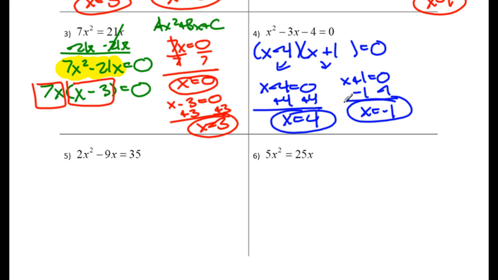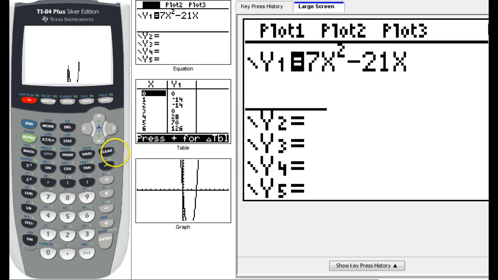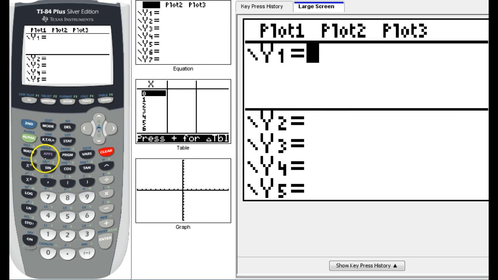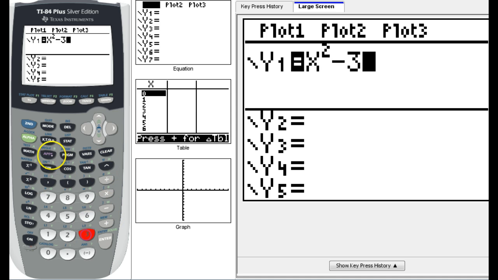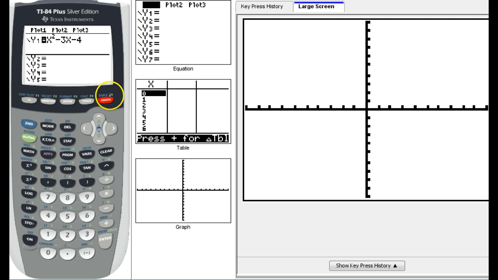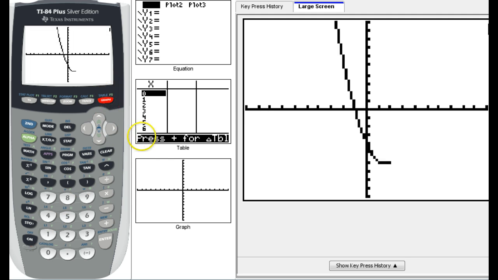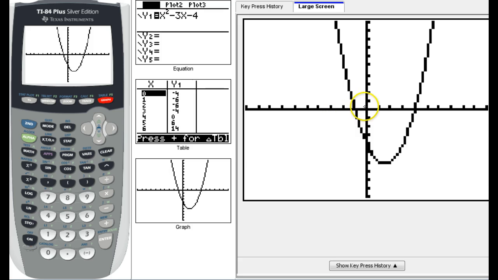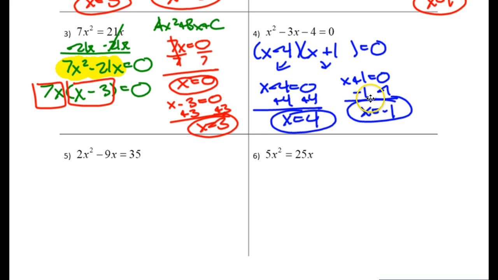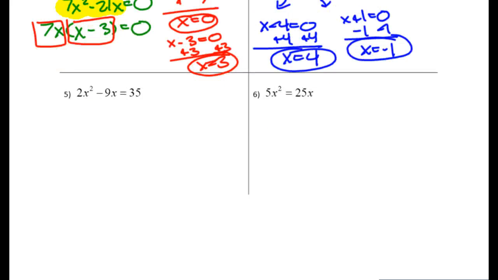Let's just double check again. This one was already set up, so we'll just type it in as it was at the beginning: x squared minus 3x minus 4. Graph it, and look, it crosses here at negative 1 and 1, 2, 3, positive 4. Negative 1, positive 4, we are correct.